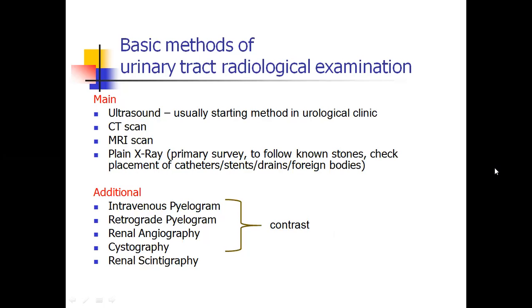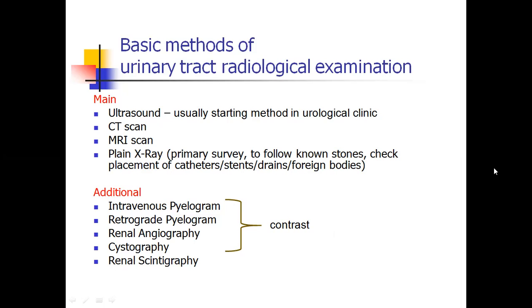Basic methods of urinary tract radiological examination may be divided into main and additional. Among main methods, ultrasound, CT scan, MRI, and plain X-ray examination should be mentioned. First, ultrasound, usually the starting method in urological practice.